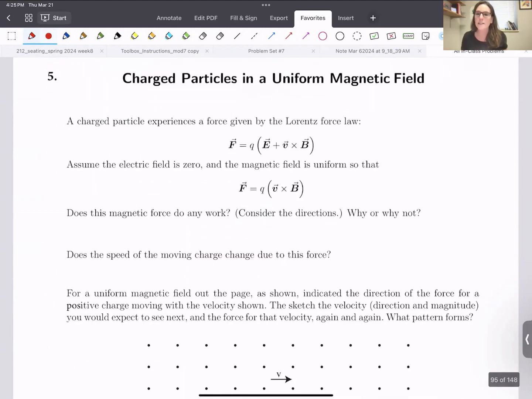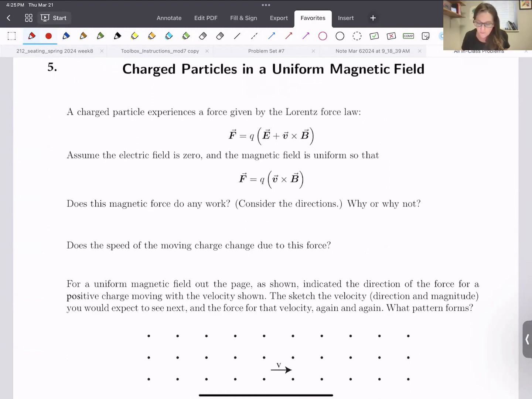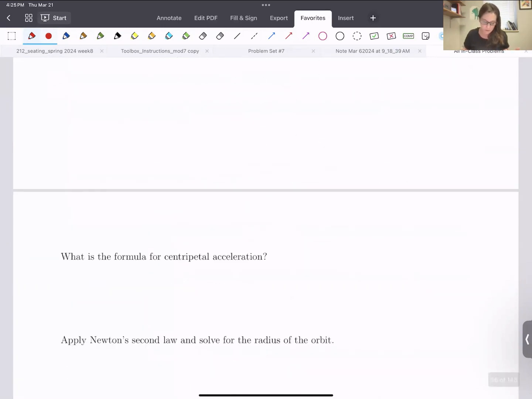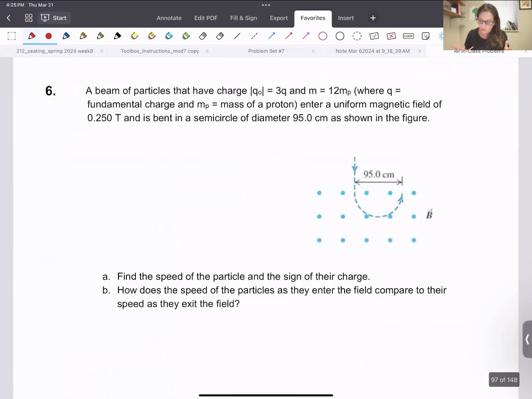Number 5, as I said, was done in the video modules part 2. Was worked out, so the circular motion. And number 6 is a pretty straightforward application of those circular motion type problems.